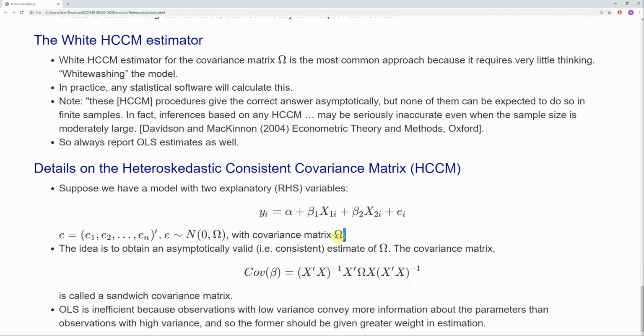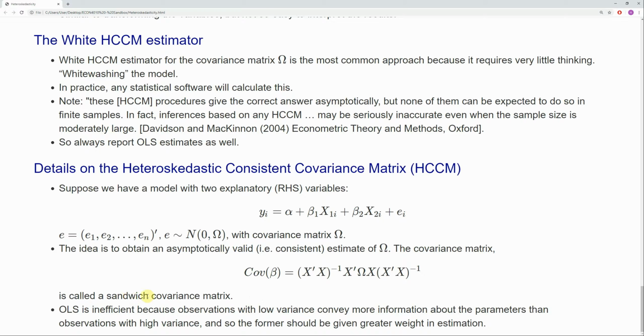But if you have a case of heteroskedasticity, they use this covariance matrix omega that they put in the center of this thing, so you have this symmetric design around it. That's why they call it a sandwich too, and the library in R that you use to get these estimates is called sandwich as well.